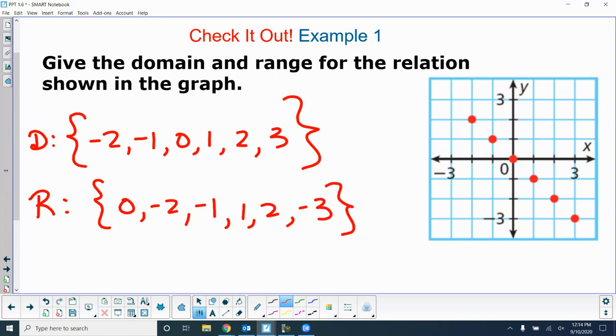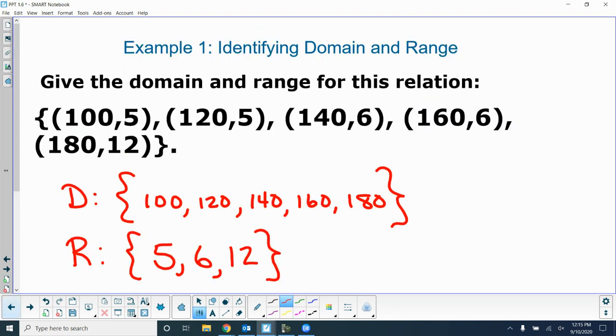This y value is -3. That one's -2. That one's -1. That's 0. That's 1. That's 2. Right? Y values. That's this way, right? Vertical. X values. Domain. That's this way. Horizontal. Okay? So, I expect you to be able to look at a graph and give me the domain and range. Or look at a set of ordered pairs and give me the domain and range. Okay?